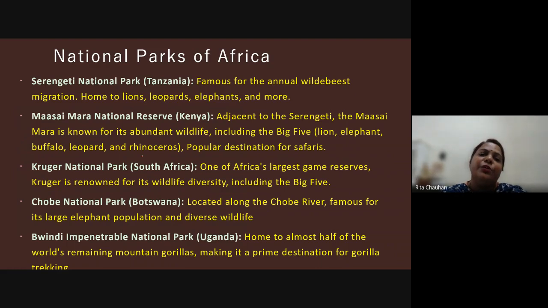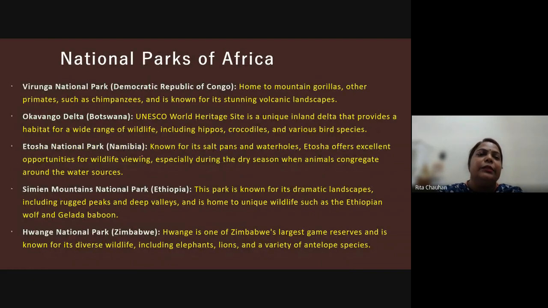Then Kruger National Park, which is located in South Africa, is another important national park of Africa. Then Chobe National Park area, which is in Botswana, and it is well known for the elephant population. Then Bwindi Impenetrable National Park. This is a national park located in Uganda, and it is mainly for the mountain gorillas.